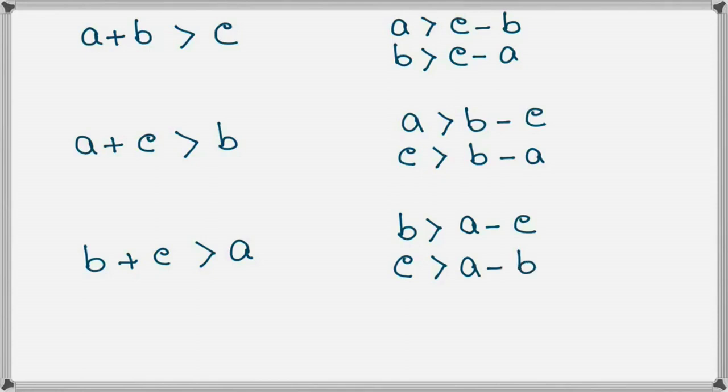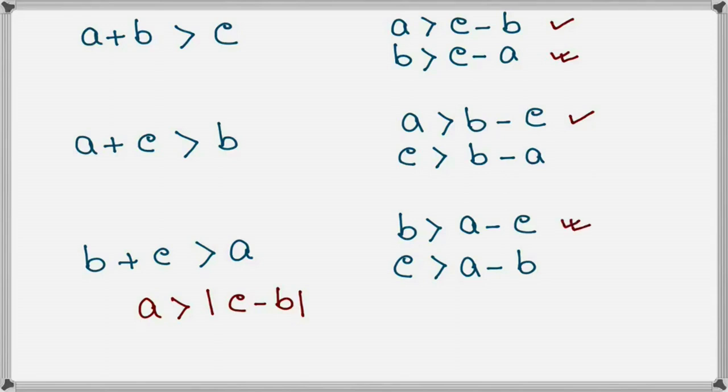Now let us consider the inequality that a is strictly bigger than c minus b and the inequality a is strictly bigger than b minus c. From these two we obtain that a is strictly bigger than modulus of c minus b. Next we consider the inequality that b is strictly bigger than c minus a and that b is strictly bigger than a minus c.